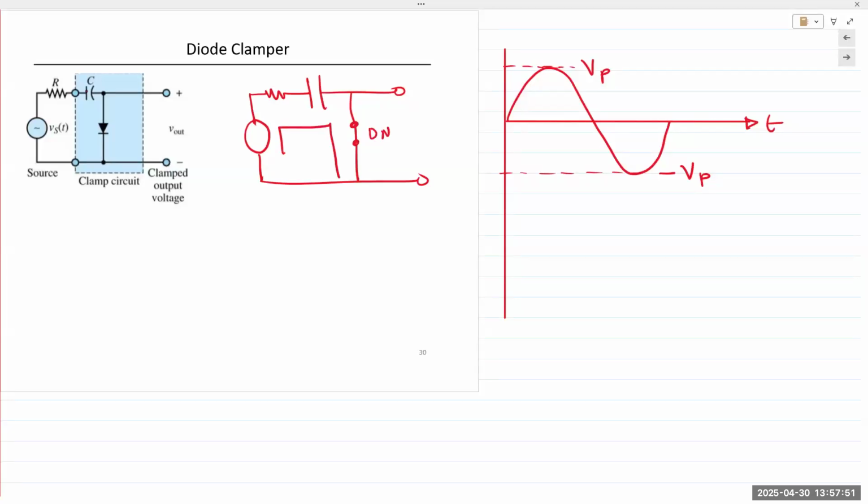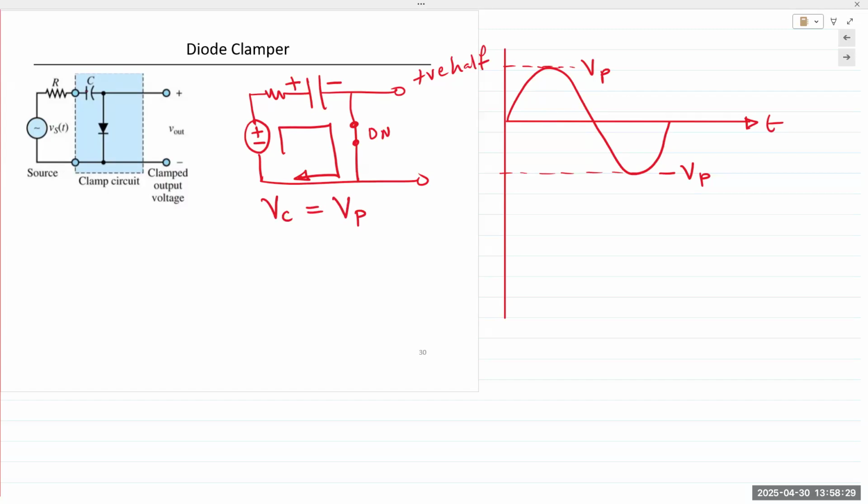There's a pathway for the current to flow through. The capacitor charges and is going to store energy with this polarity, plus minus. This is the positive half cycle. The diode is forward biased because it is connected with the anode towards the positive end. It behaves like a short circuit, and the capacitor charges. The maximum value on the capacitor is Vp. So once it's fully charged, Vc is equal to Vp, the maximum value of the input.